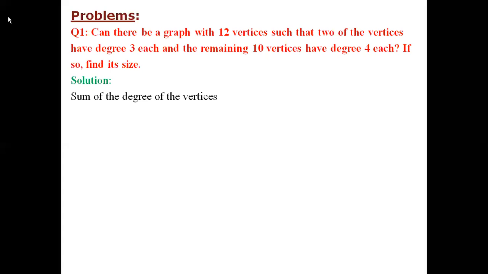Solution. We will first calculate the sum of the degrees of the vertices, which is equal to 2 into 3 plus 10 into 4. Because there are 2 vertices of degree 3 each, and the remaining 10 vertices have degree 4 each, every vertex count is multiplied by its degree.